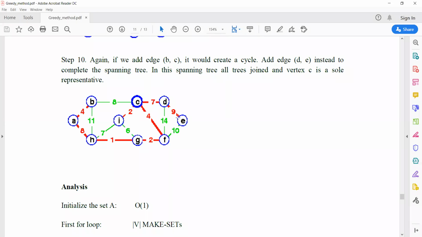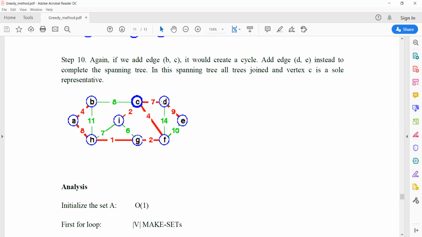So if 9 is connected, now you can see that all the vertices are connected. This is the end of the iterations, and in those iterations you can see that n minus 1 number of edges are connected. So how many vertices are there? 1, 2, 3, 4, 5, 6, 7, 8, 9.